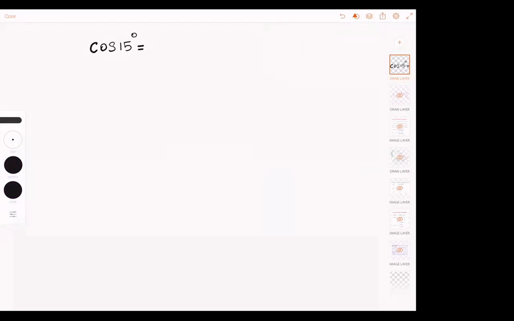This is not listed, correct, in the table that we have: 0, 30 degrees, 45, 60, and 90. Those are our favorites.